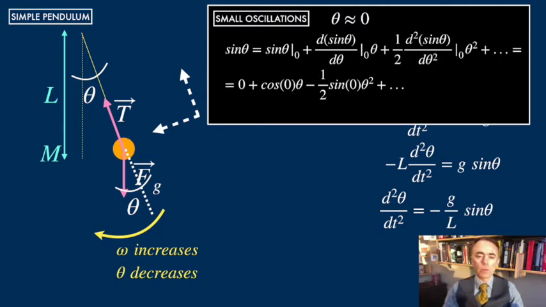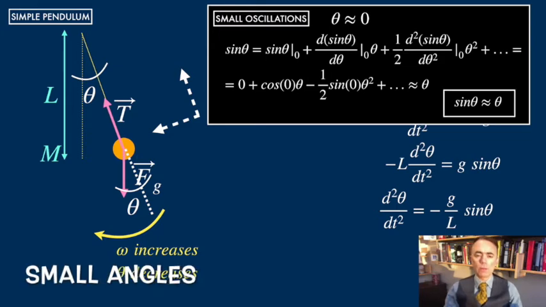For small angles, we can neglect the higher order terms, orders that are higher than 1, so we can approximate the sine of theta as theta itself. This only works for small angles.